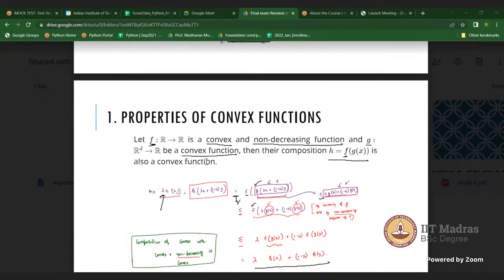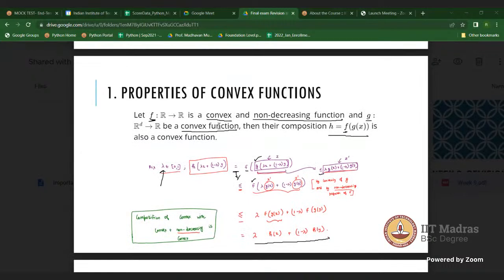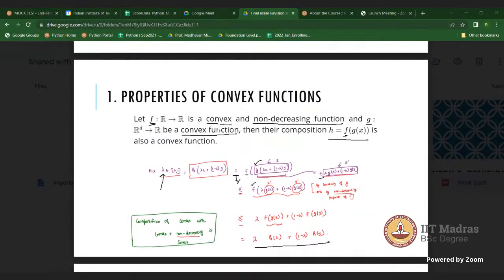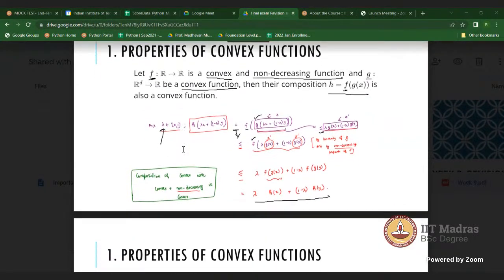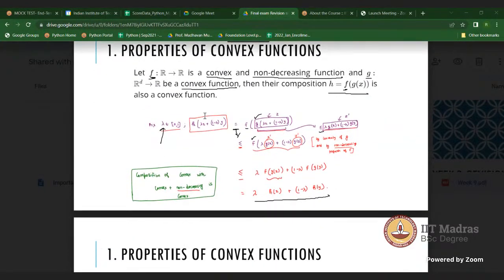The other one is when f is a convex and non-decreasing function and g is a convex function, then f of g of x is going to be a convex function. The proof for it is also similar. When you have f of g of x, we have g of lambda x plus 1 minus lambda into y, which is going to be less than or equal to lambda into g of x plus 1 minus lambda into g of y.